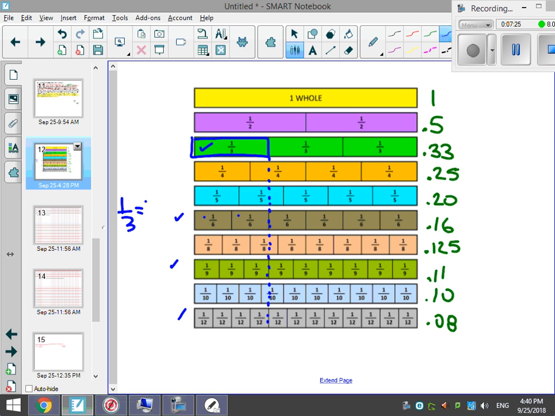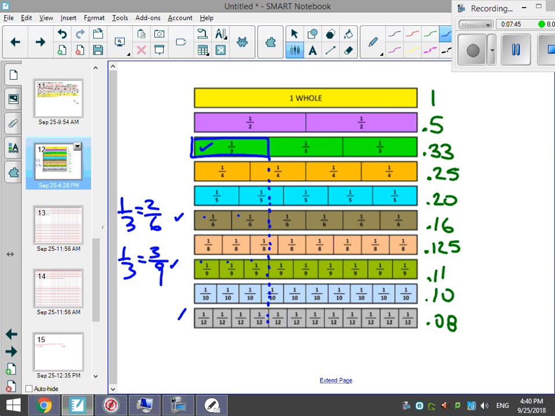So it's equal to 2/6. And if we jump down to the 9ths, it's 1/3 up here. Bringing it down is equal to 1, 2, 3 of those. So visually, you can see that you can find equivalent fractions in this way just by looking at them.